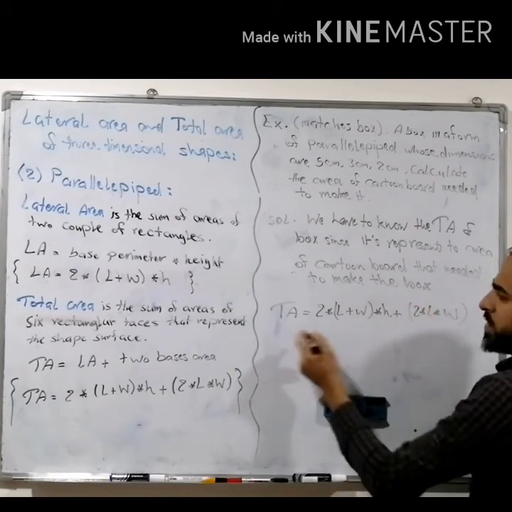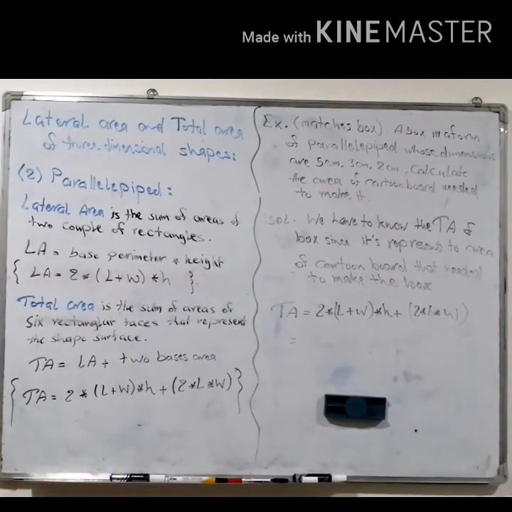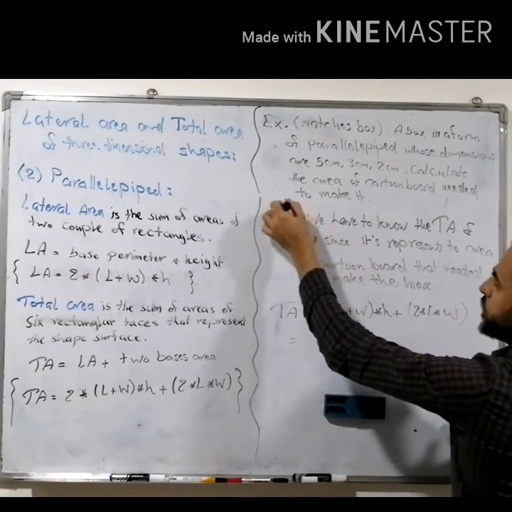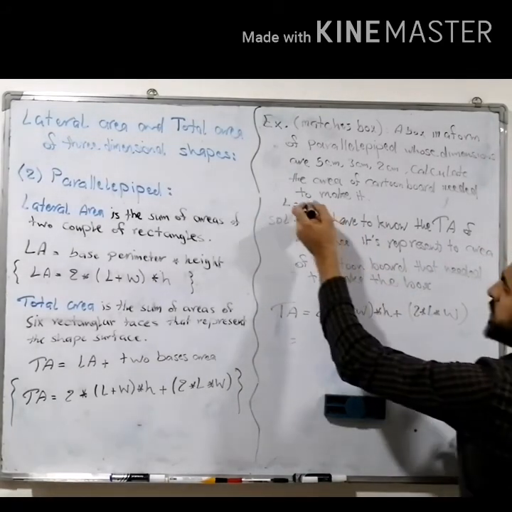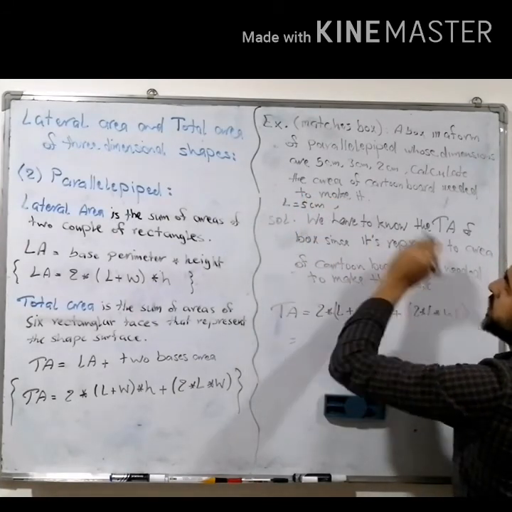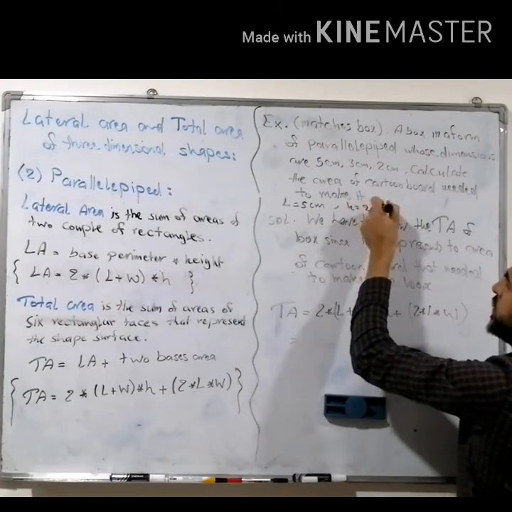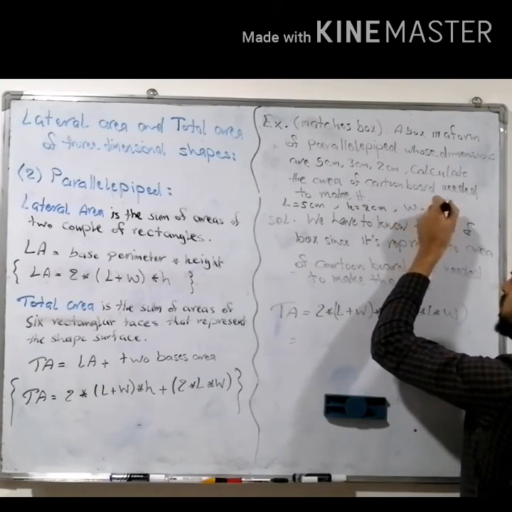Here we substitute the values of length, width and height. The biggest value is the length, which is 5 cm. The smallest one is the height, which is 2 cm. So the width is 3 cm.